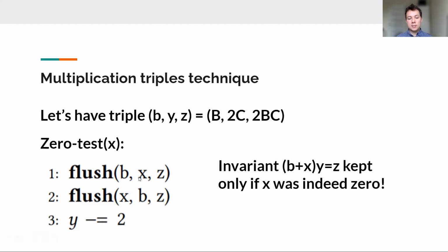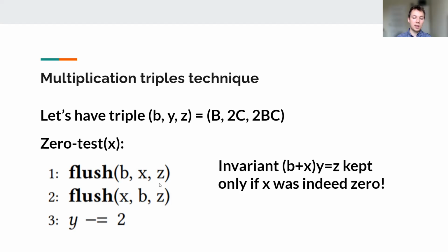So it is decremented at most by 2b because the loop in this flash is executed at most b times, and if x is not zero, then this loop cannot be executed.